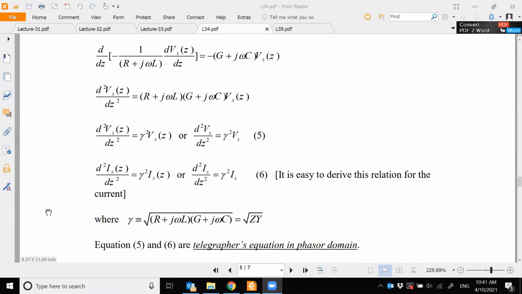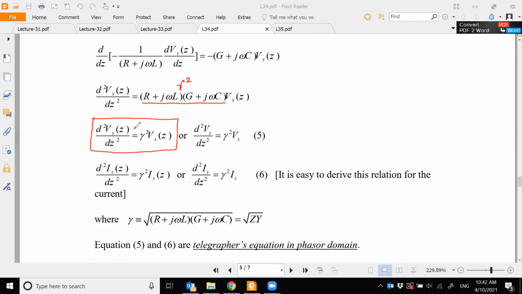And then we will see an ordinary second order differential equation, which is this. On the right hand side, I am seeing R plus j omega L times G plus j omega C, and I am assuming that this is my gamma square. Therefore, I'm getting this expression: d square Vs of z over dz square is gamma square Vs of z.